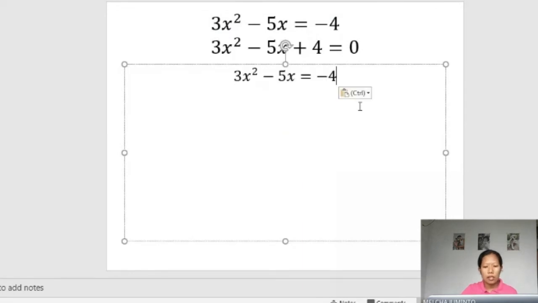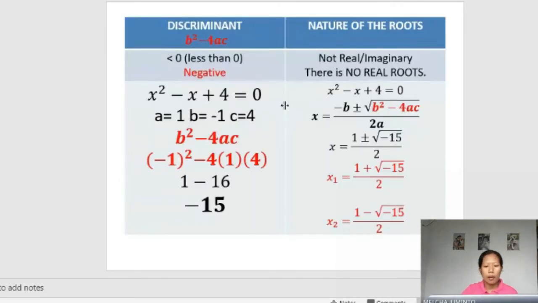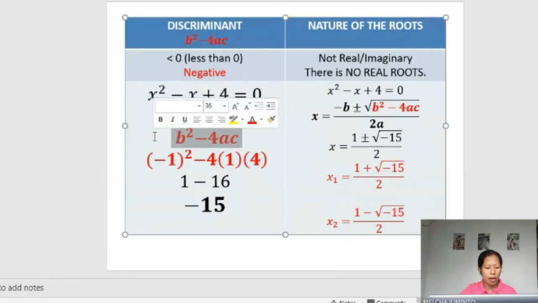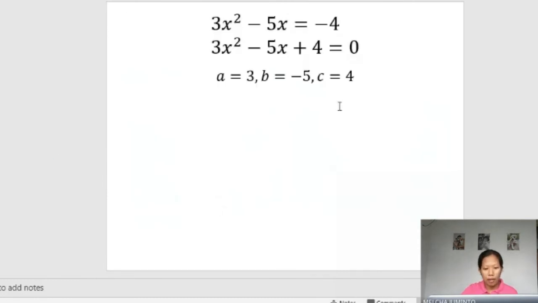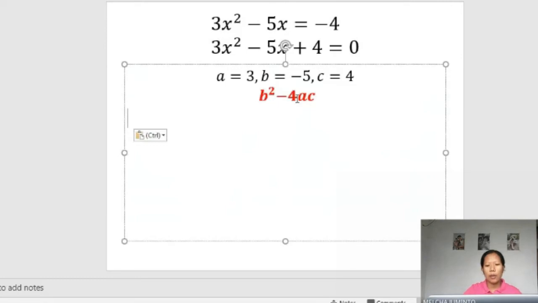Now, in this case, we can determine that a is 3, b is equal to negative 5, and c is equal to positive 4. So these are the three values of a, b, and c respectively: 3, negative 5, 4. With these three values, we can now replace them in the discriminant formula, which is b squared minus 4ac.